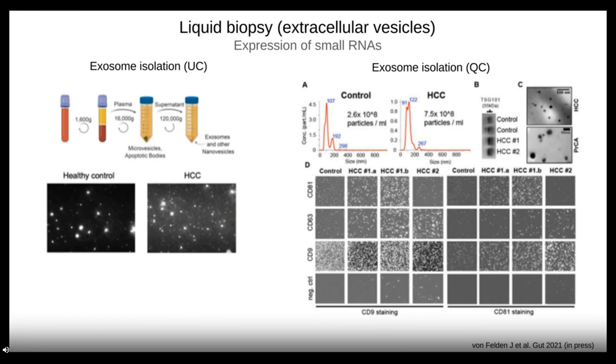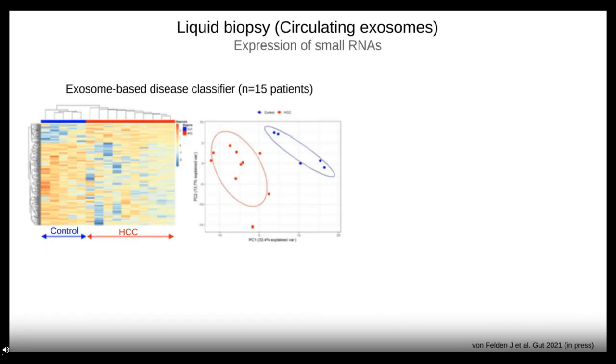Again, we wanted to be sure that what we isolated actually contained the vesicles and that we were not getting significant noise from other components. We did a pilot study in 15 patients, 10 with HCC and 5 controls. We isolated the vesicles, and we did RNA-seq on their content, and we found a set of small RNA sequences that were able to accurately discriminate patients from controls.